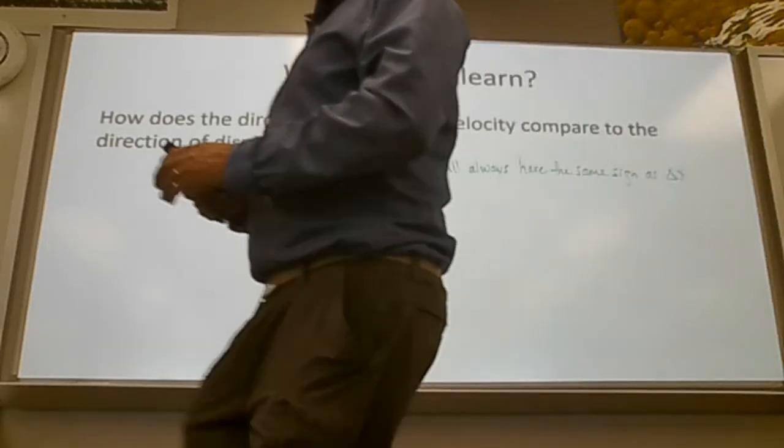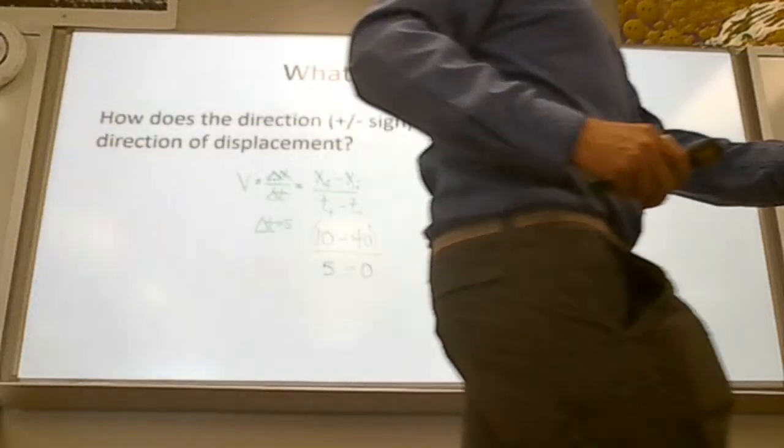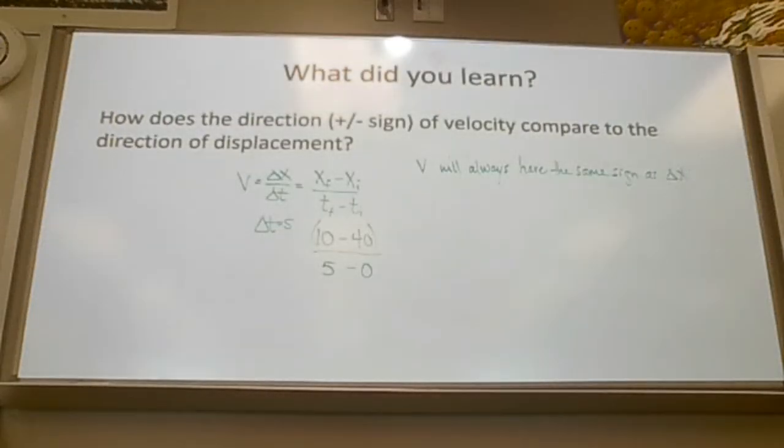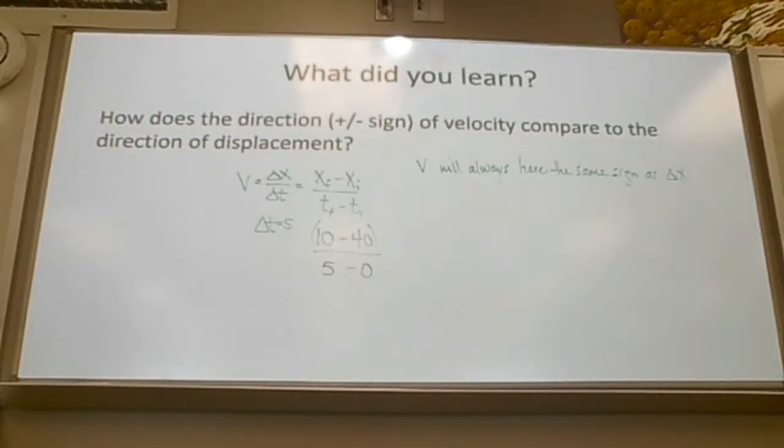So if you're walking this way, you have a positive displacement, you have a positive velocity. If you're walking this way, you have a negative displacement and you have a negative velocity. The sign of displacement and velocity will tell you which way you are moving. You okay with that? One of the nice things with physics is there are statements I can make, always statements and never statements, and they're valid.